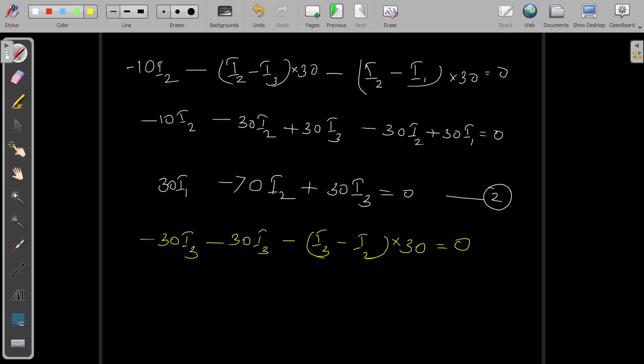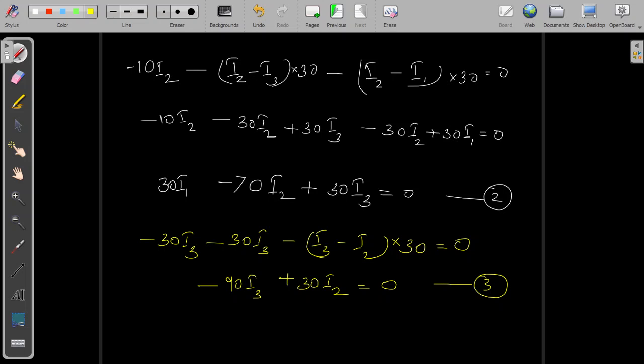That means you will get minus 90 I3, then plus 30 I2 equal to 0. This is equation number 3.